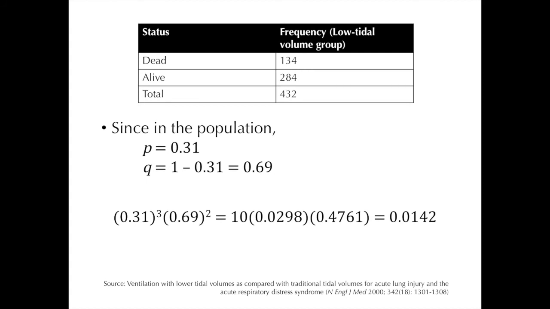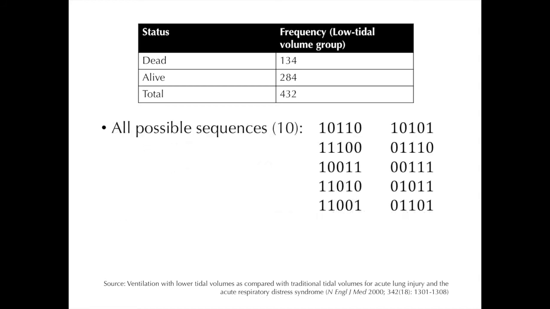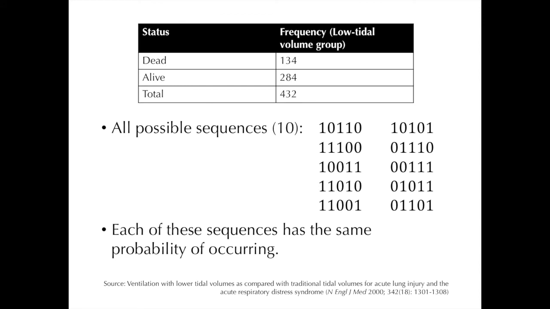We are, however, not interested in the order of occurrence of death and survival, but instead the probability of the occurrence of exactly 3 deaths out of 5 randomly selected patients. Moreover, there are 10 different ways in which these 5 patients could be selected based on their outcomes. And each of these sequences has the same probability of occurring.